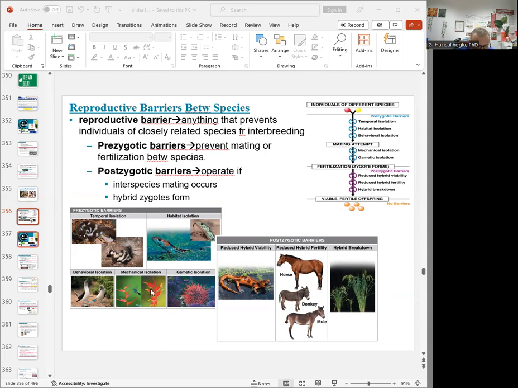Or behavioral isolation, where different species use different sounds, and so they do not mate if they don't recognize that specific sound. And then postzygotic, they could have sterility, like you see here in this mule. A horse plus a donkey can produce a mule, but the mule is sterile.